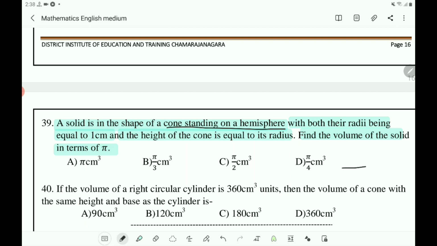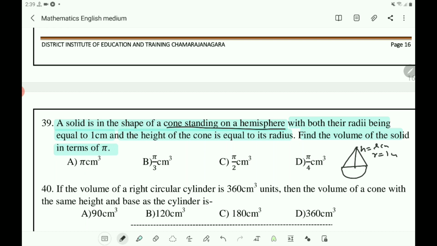So let us have the rough sketch here. Cone is standing on a hemisphere with both their radii being equal to 1 centimeter. Here r equals 1 centimeter. Height of the cone is also equal to 1 centimeter. That is h equals 1 centimeter.